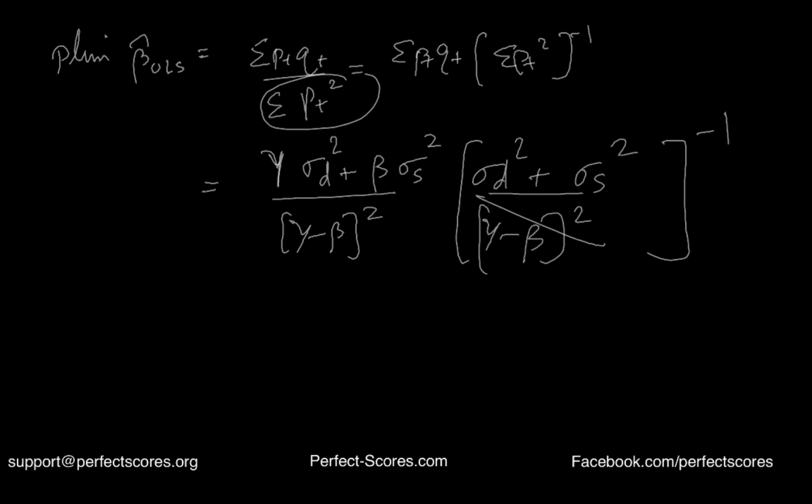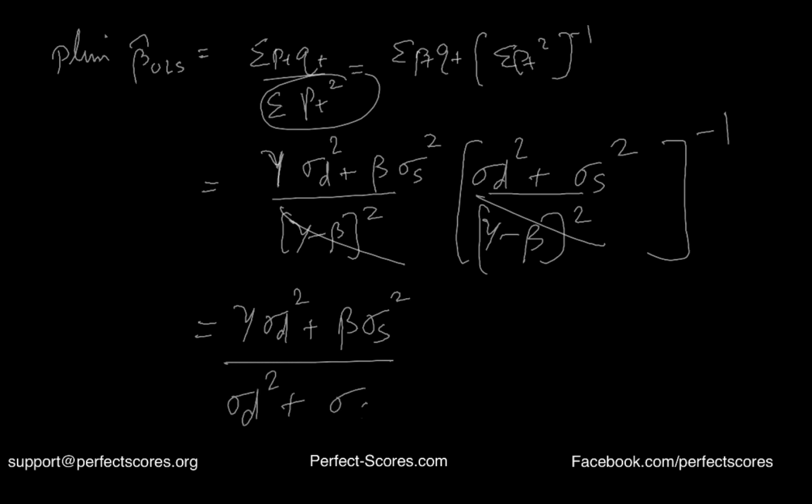You can see that this and this will cancel out because this is an inverse and this is outside, and this goes down to gamma sigma D square plus beta sigma S square over sigma D square plus sigma S square.